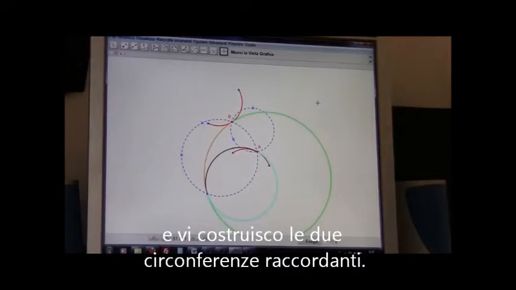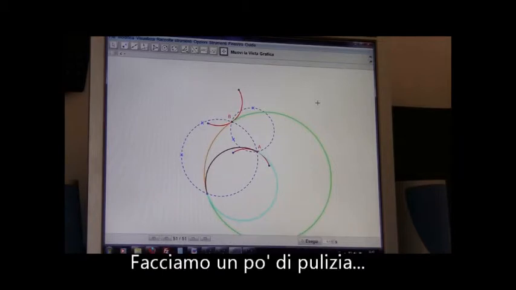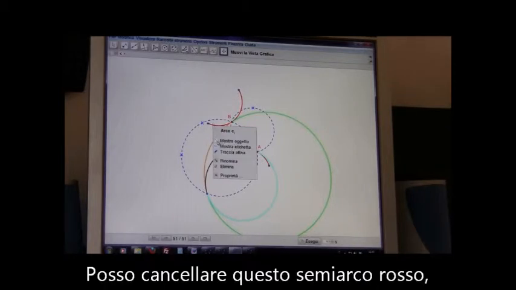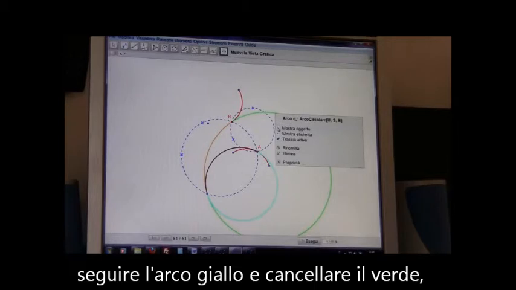So the picture here looks a bit messy, but we can get rid of what we don't like, and you'll see what we get. For example, starting from this bit, I can get rid of this bit, then follow the yellow curve, that is getting rid of the green bit.